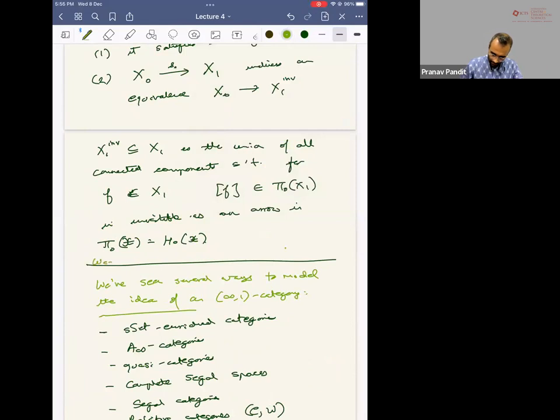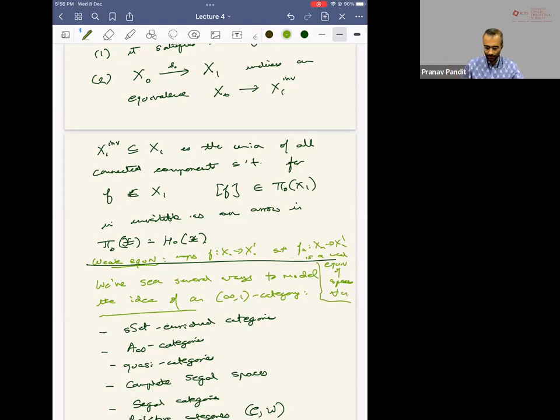Weak equivalences for complete Siegel spaces are just maps f from X dot to X prime dot such that f_n from X_n to X_n prime is a weak homotopy equivalence of spaces for all n. Okay, so from this point of view, it's very nice.